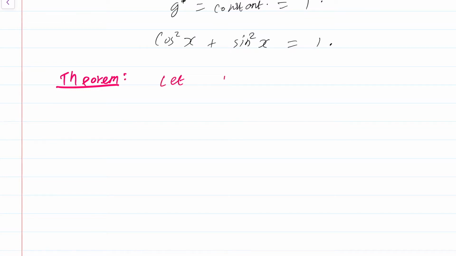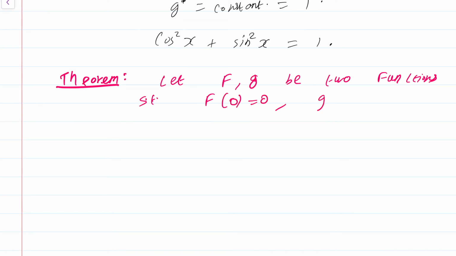Let f comma g be two functions such that f of 0 equal to 0, g of 0 is equal to 1, and f prime is equal to g, g prime is equal to minus f.